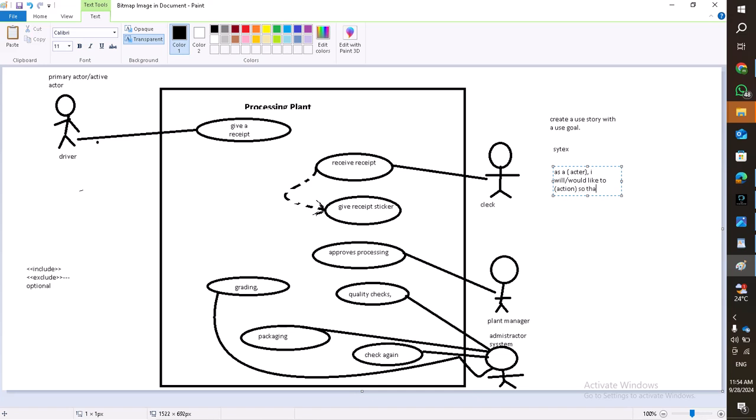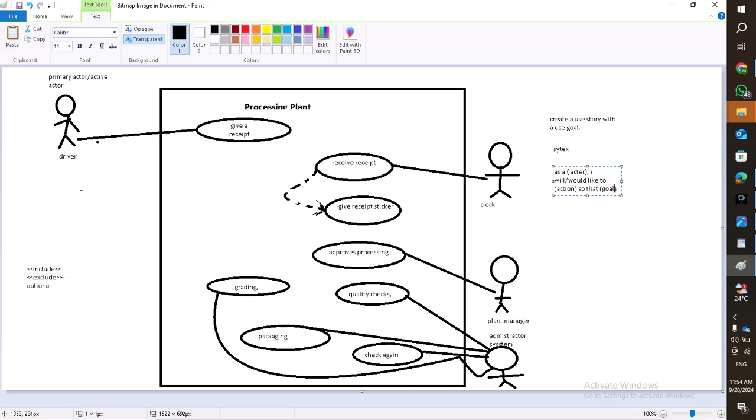So that, then here you write the goal that the user wants to achieve. The goal. And remember the goal. What is a goal? The goal is something that has to be done at the end of the process. Let me say, for example, I want to study so that I will pass.